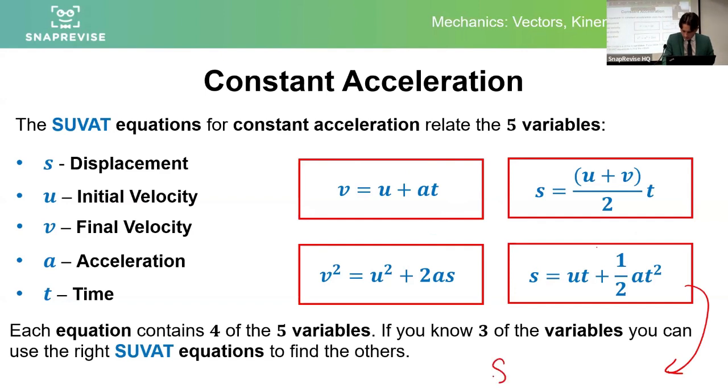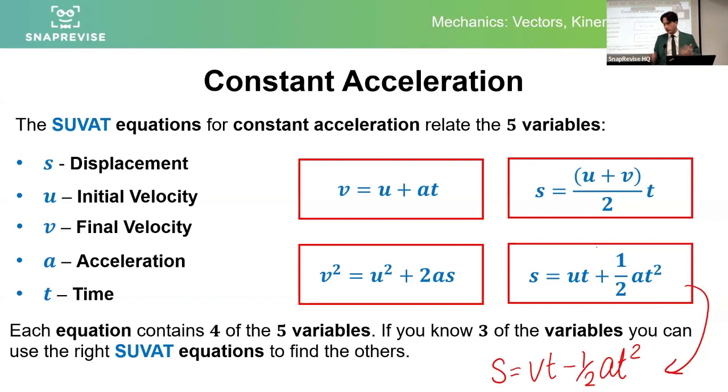So another one we also have is S equals VT minus half AT squared. Then we have 5 different equations there, all with 4 different combinations of the 5 different letters and variables. So each equation contains 4 of the 5 variables, and if you know 3 of them, you can use the correct one to find the 4th that you want.